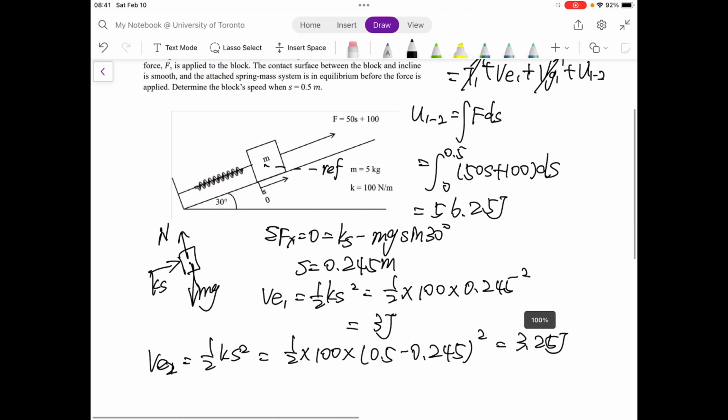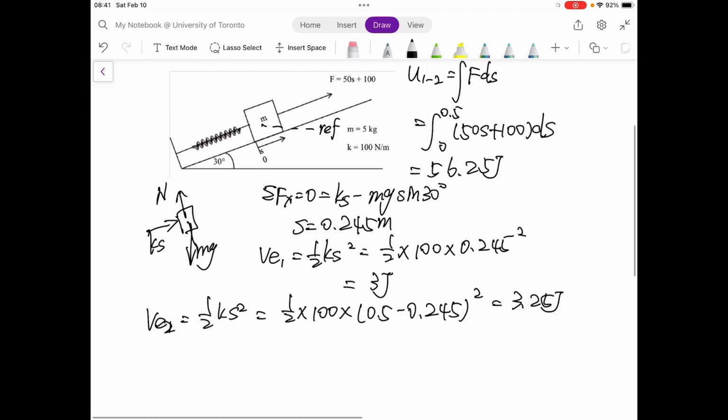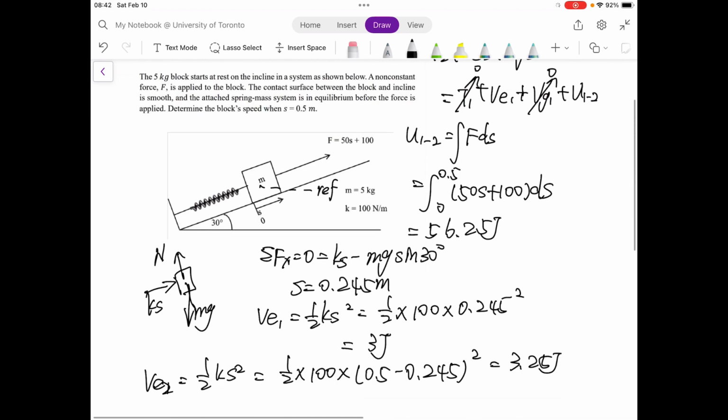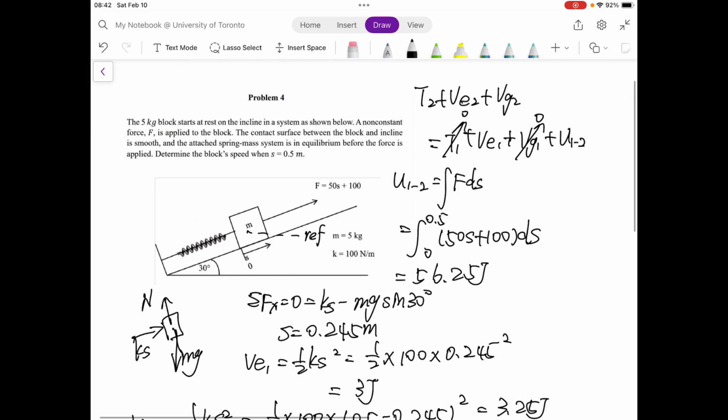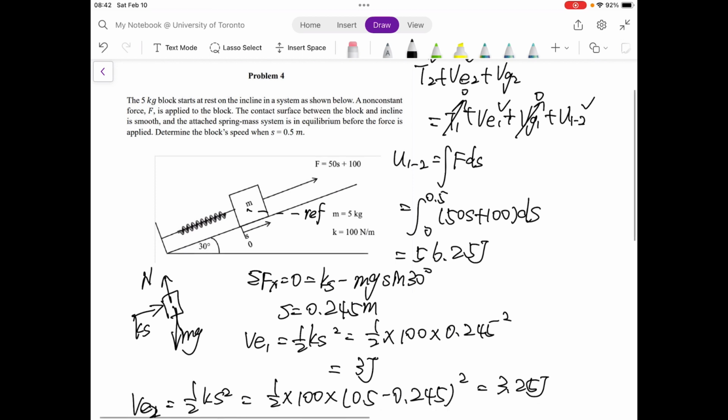And Ve2 is solved. So T2 is equal to 1 over 2 m v2 square, which is equal to 2.5 v2 square.